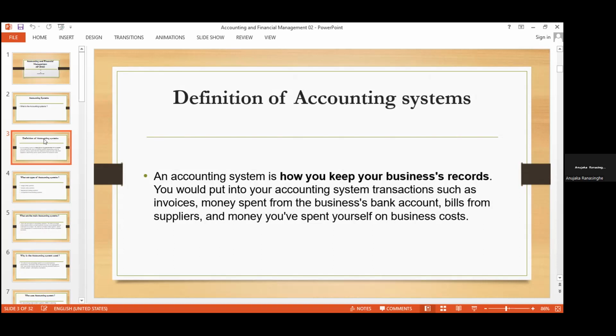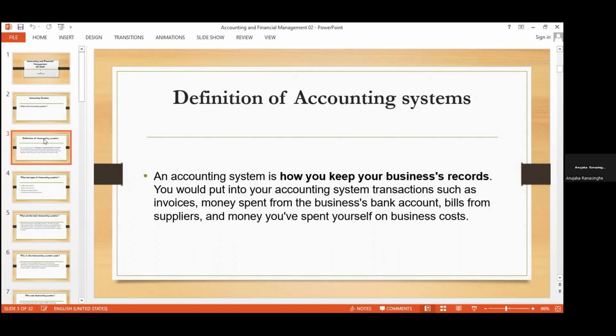You would put into your accounting system transactions such as invoices, money spent from the business, bank accounts, bills from suppliers and money you have spent yourself on business costs.